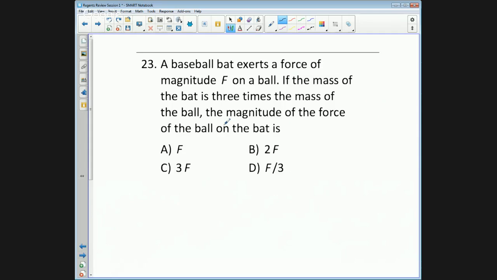So next, a baseball bat exerts a force of magnitude F on a ball. If the mass of the bat is 3 times the mass of the ball, the magnitude of the force of the ball on the bat is blank.